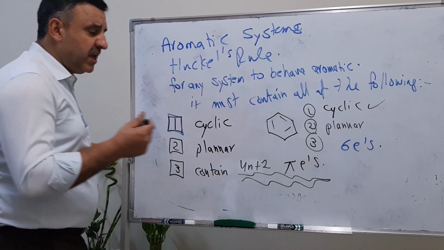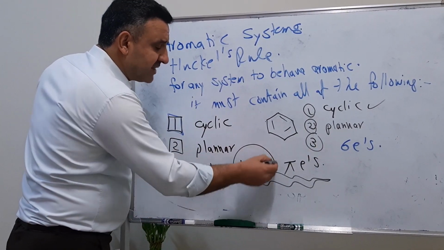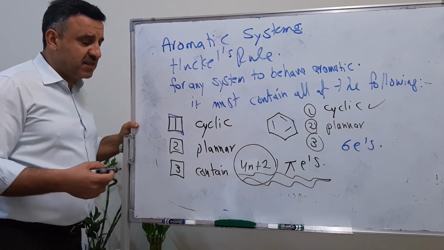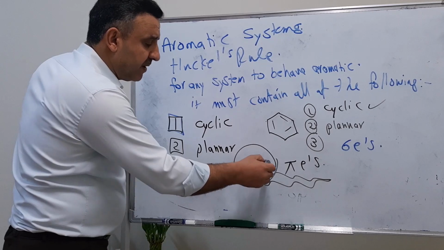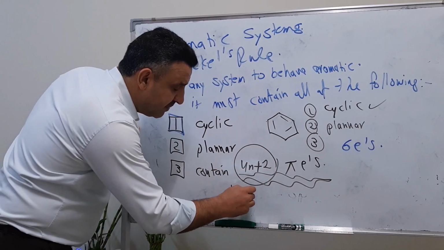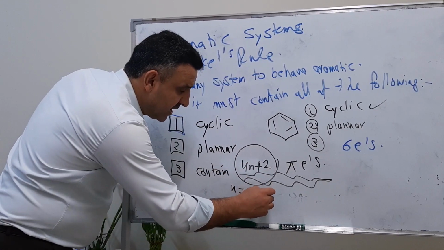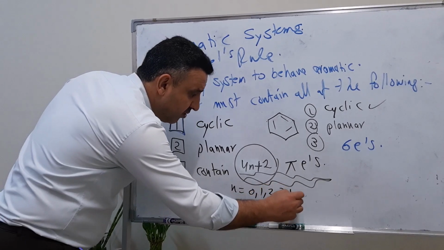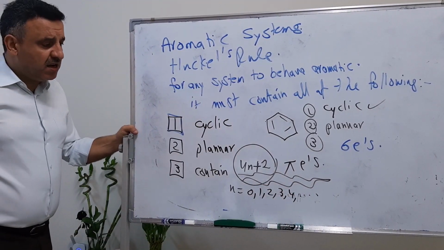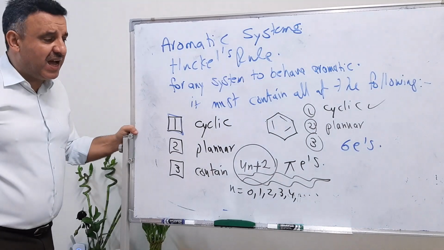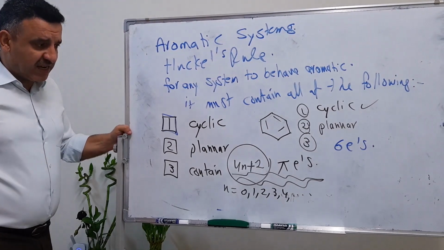Yes, because here the number of electrons allowed to be in the system must be one of these numbers, 4n plus 2, where n can be 0, 1, 2, 3, 4, whatsoever. So let's see what are the number of pi electrons allowed within the cyclic system.